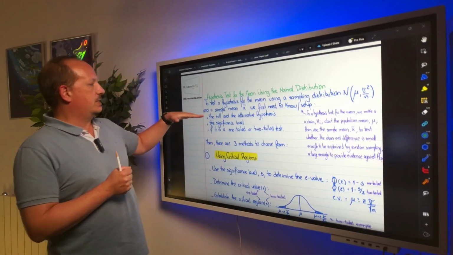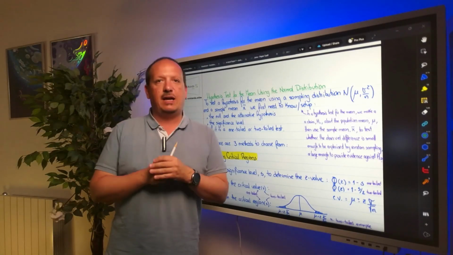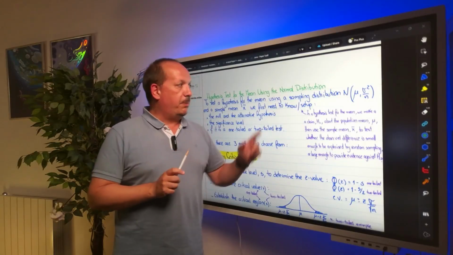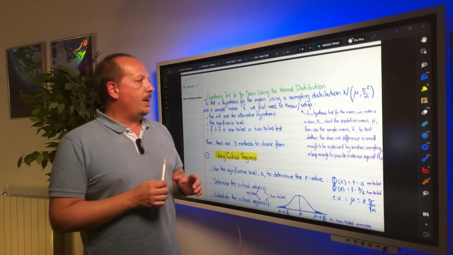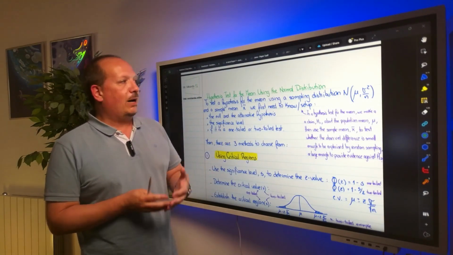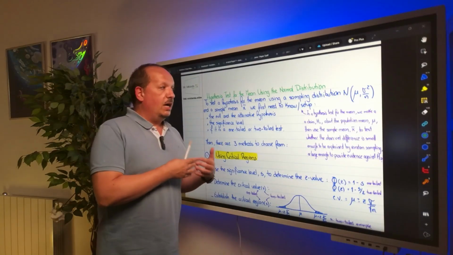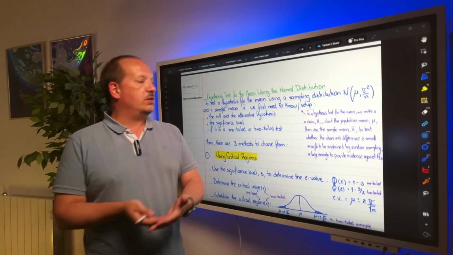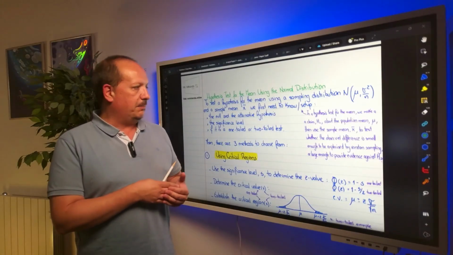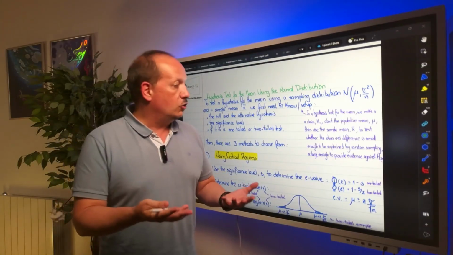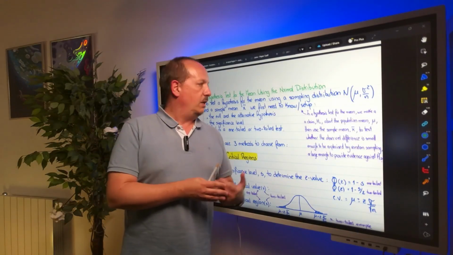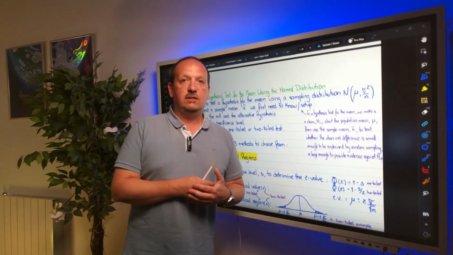First, we have to establish what the null and the alternative hypothesis are. Don't forget what we are doing here. In a hypothesis test for the mean, we make a claim, H1, the alternative hypothesis, about the population mean, and use the sample mean to test whether the observed difference is small enough to be explained by random sampling or large enough to provide evidence against the null hypothesis and towards the alternative.